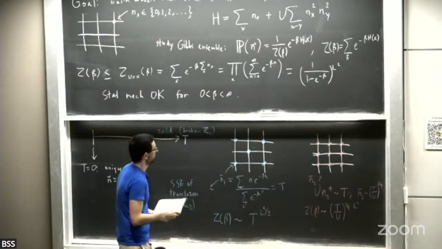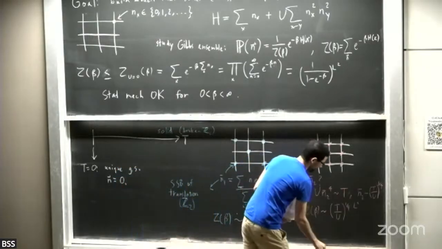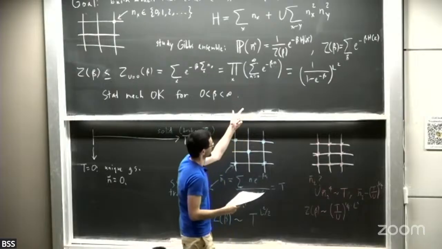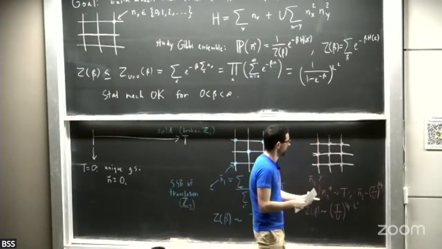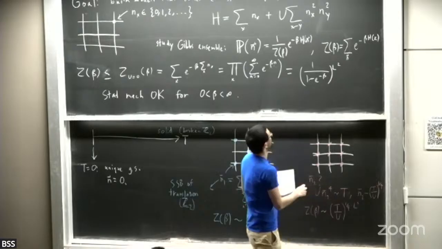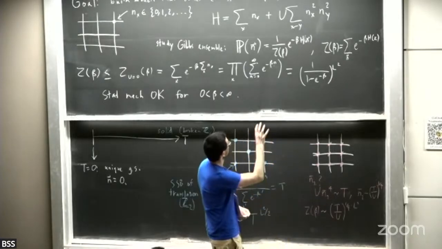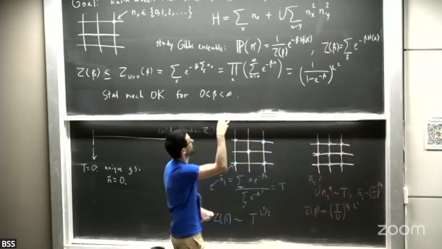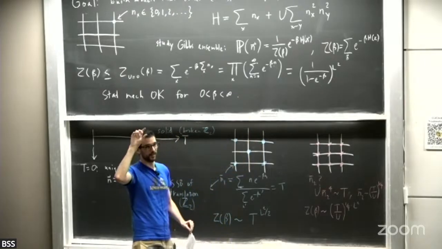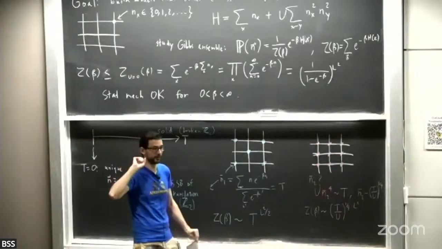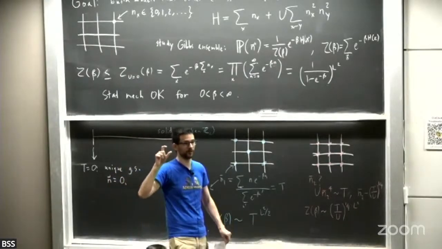Well, because if the scaling was different, if it scaled with a smaller power of T, then clearly we would be missing a lot of configurations that could contribute, because e to the minus beta H, term by term, would be very close to 1.